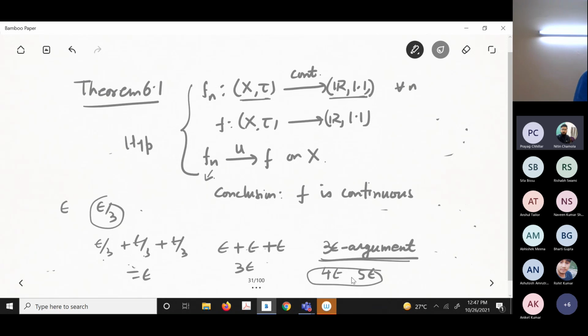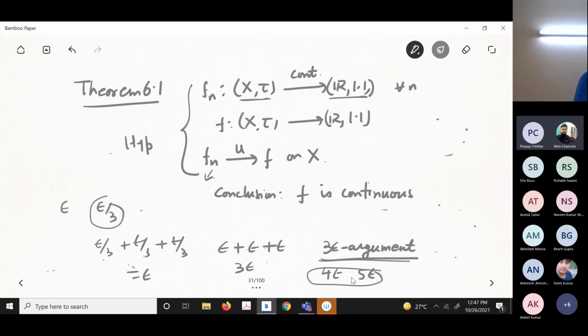3 epsilon argument means you have to split into pieces. Usually that comes into 3 pieces, but sometimes it may be 4 pieces, 5 pieces, or even 2 pieces. But still we call it the 3 epsilon argument. With 2 pieces, you have already seen uniform continuity. Last time, look at the argument that if your domain is compact, then any continuous function is uniformly continuous.